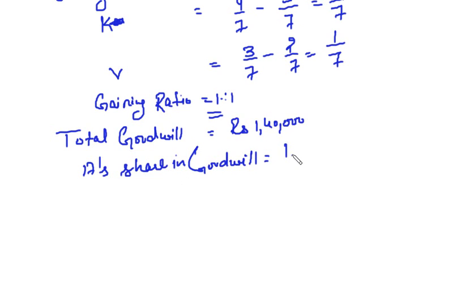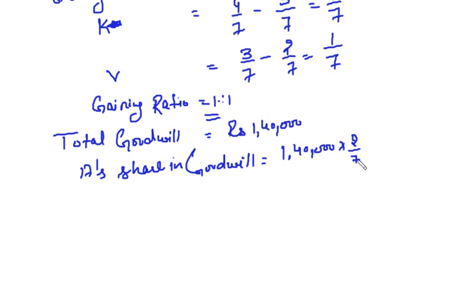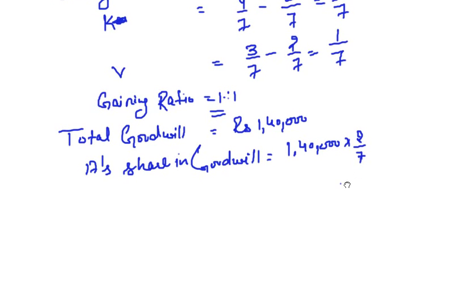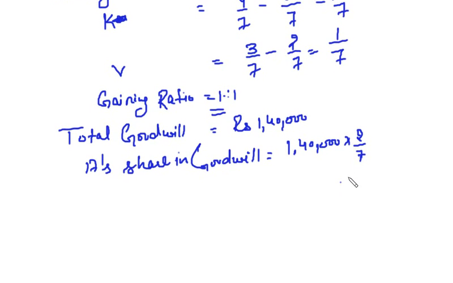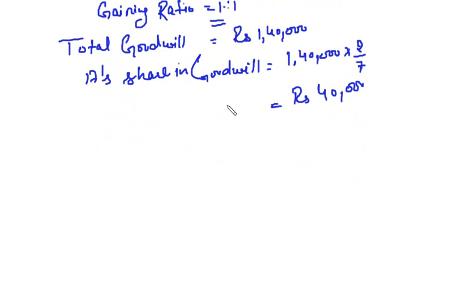This will be 1,40,000 multiplied by 2/7 share of partner. Clear? So this comes to rupees 40,000. Now this 40,000 will be distributed equally between the remaining partners because their gaining ratio is 1:1.